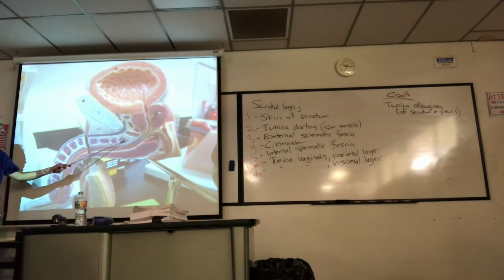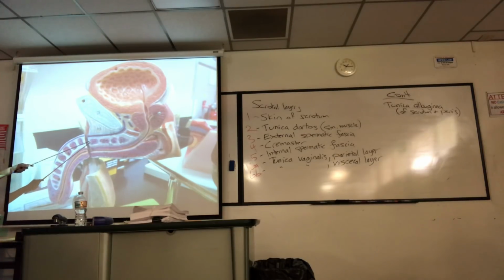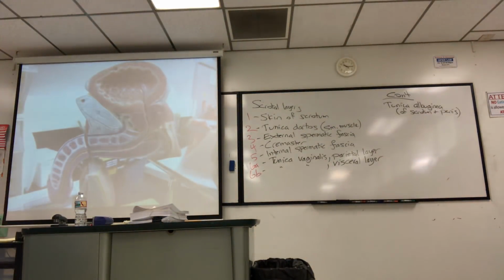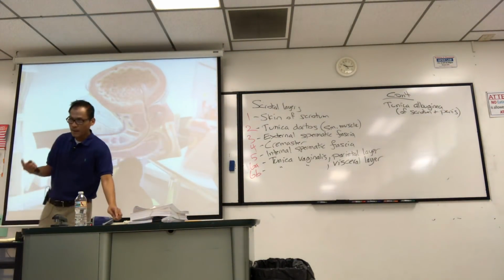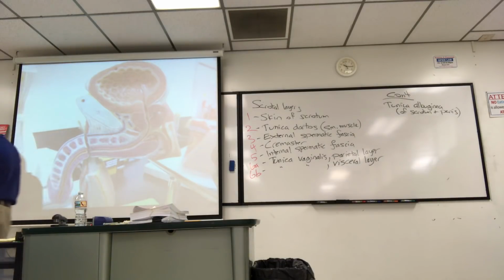Remember the name of that erectile body? Corpus cavernosum. You see this whitish membrane around it? That's also called the tunica albuginea. So I just don't want you to confuse it. There's one in the penis and one in the scrotum. Well, anyways, let's go back to the scrotal layer figure.